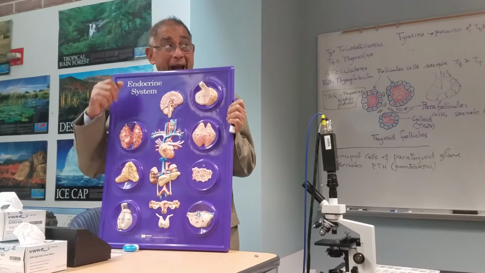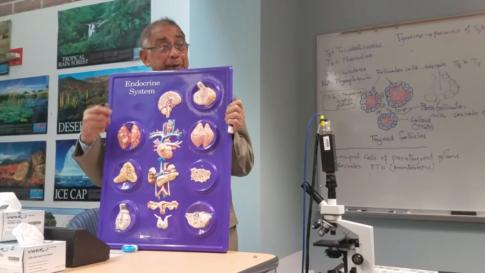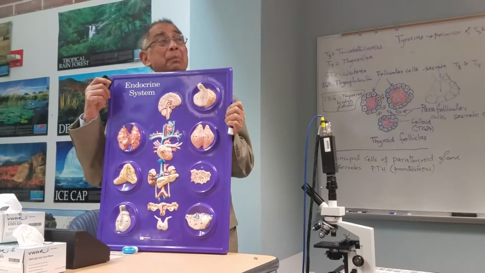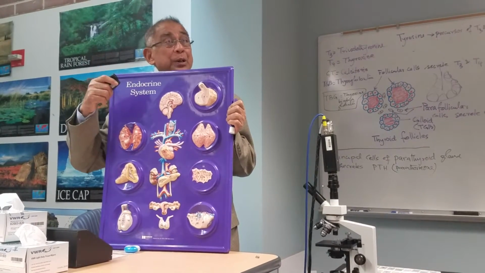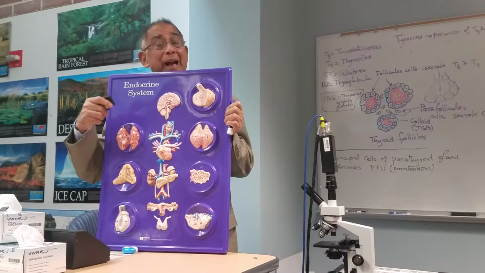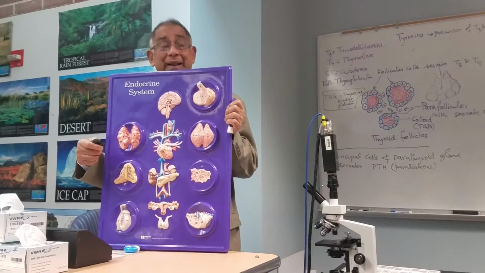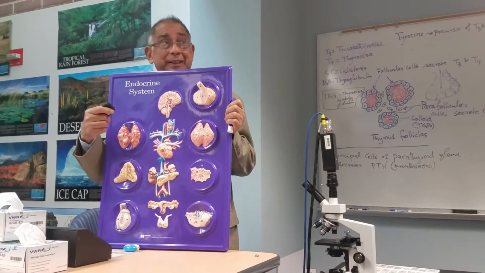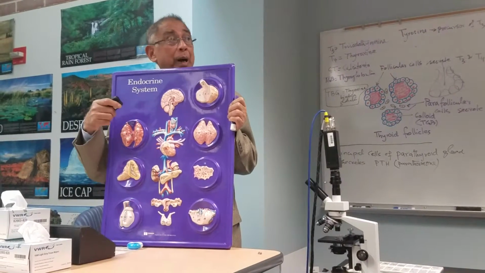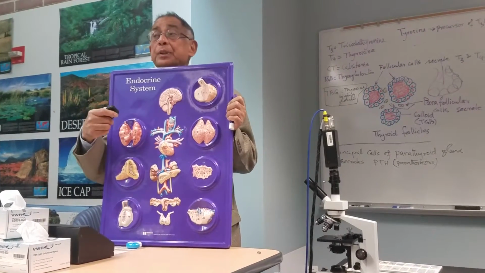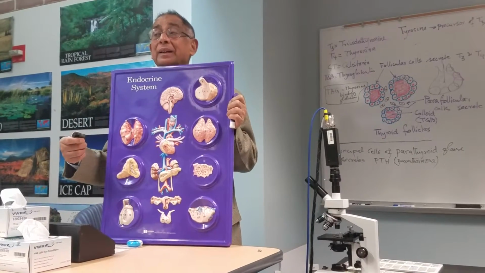So the activities of the anterior pituitary are controlled by the hypothalamus. The anterior pituitary controls the activities of other glands like the thyroid gland, the testes and ovaries, and the adrenal gland. That's why the anterior pituitary is called the master endocrine gland.